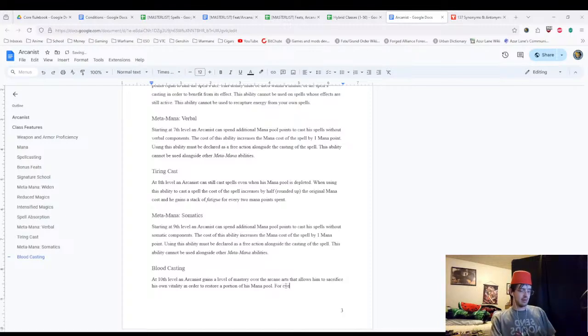Let's see, for every, what do I want to key this to? 5? 4? 3 to 5. Let's say 4 for now. Hit points is 2 words. For every 4 hit points, gains 1 mana point.